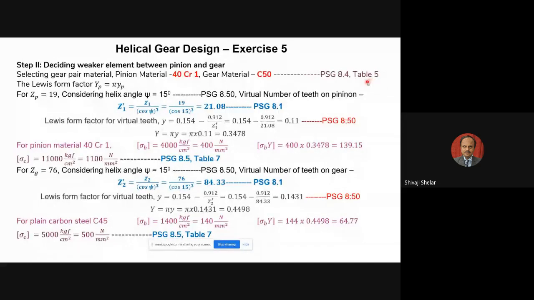If you select one particular pinion material, then automatically the material for the gear gets finalized. Let's see from table number 5 how, once I select 40Cr1, the gear material will automatically be C50. Just check it.